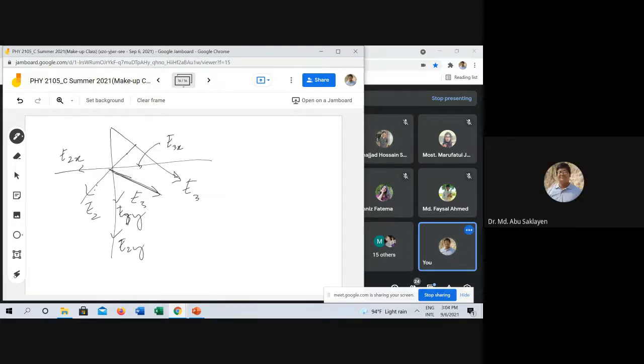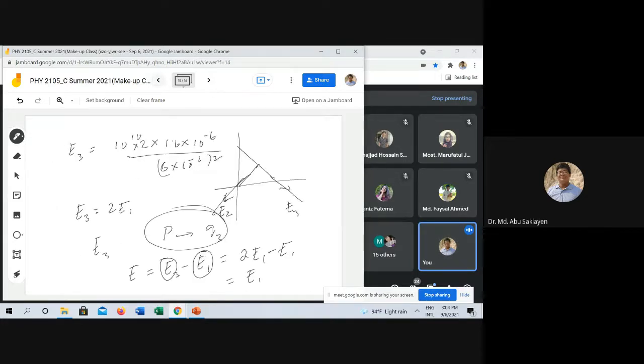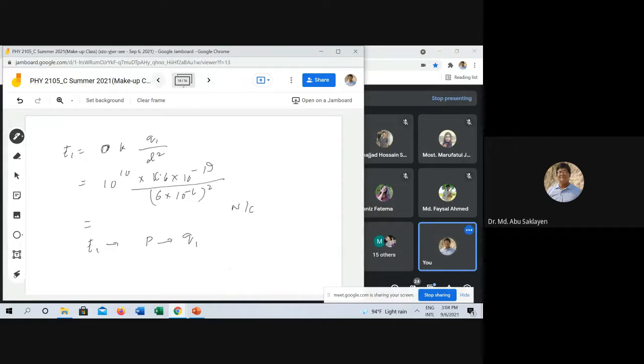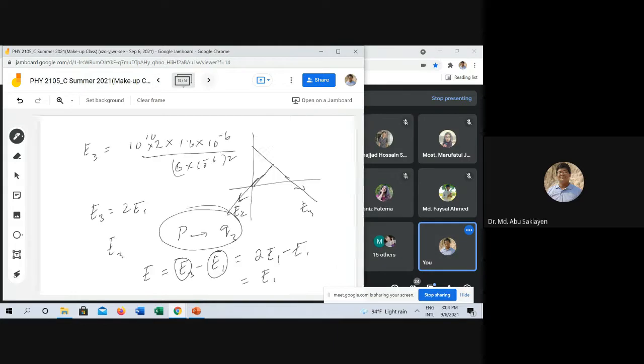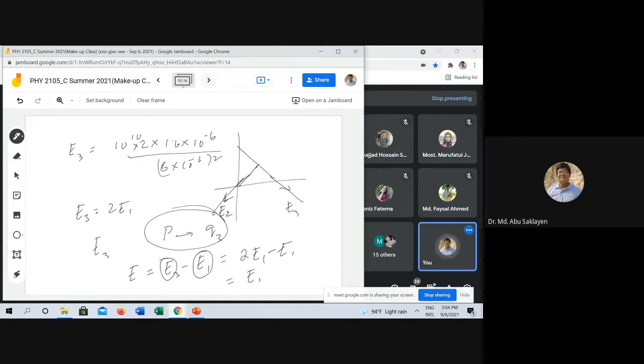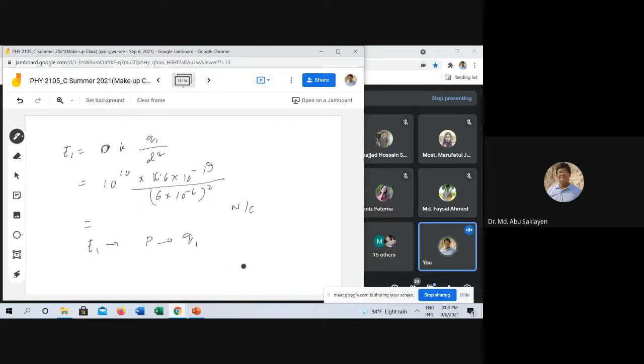And the E3 that you have got, we wrote it is equal to E1. Look here, it is equal to E1, for one electron, that is electronic charge divided by distance squared.